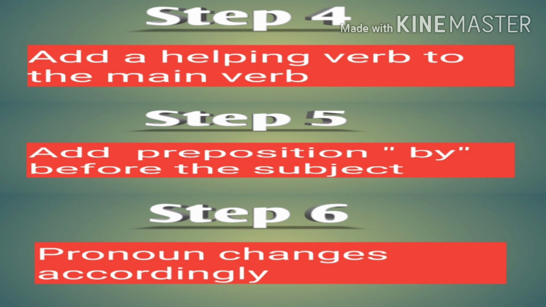And the next one is we have used the helping verb. In this case, we have used was to help kicked. The next step is using a preposition by, that also we have done. And finally, we have changed the pronoun he to him.